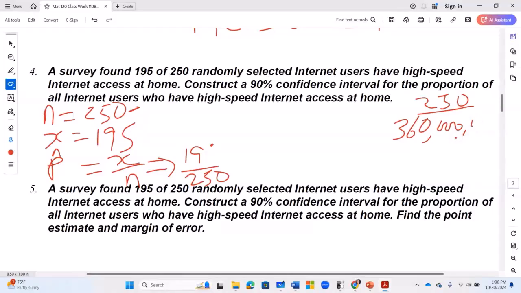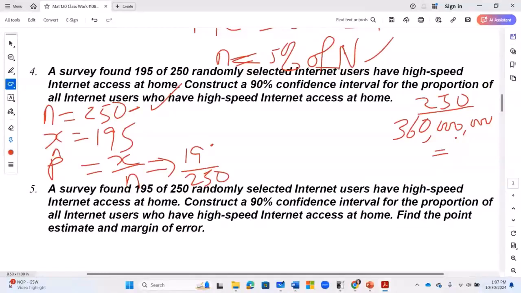Well, I don't even need to calculate this. I know that the number is insignificant. So it's actually less than 5% of the population. So condition number one is met, because condition number one is that N must be less than or equal to 5% of the population.